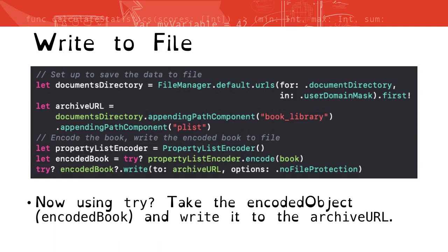We then finally have this new line using again our try question mark keyword. We take the encoded object, which is encodedBook, which is what we called it on that second last line, and then we use .write to actually write it into the file. We tell it where we want to save it, which will be to that archiveURL we previously created, and then we just pass it the no file protection options in this case.